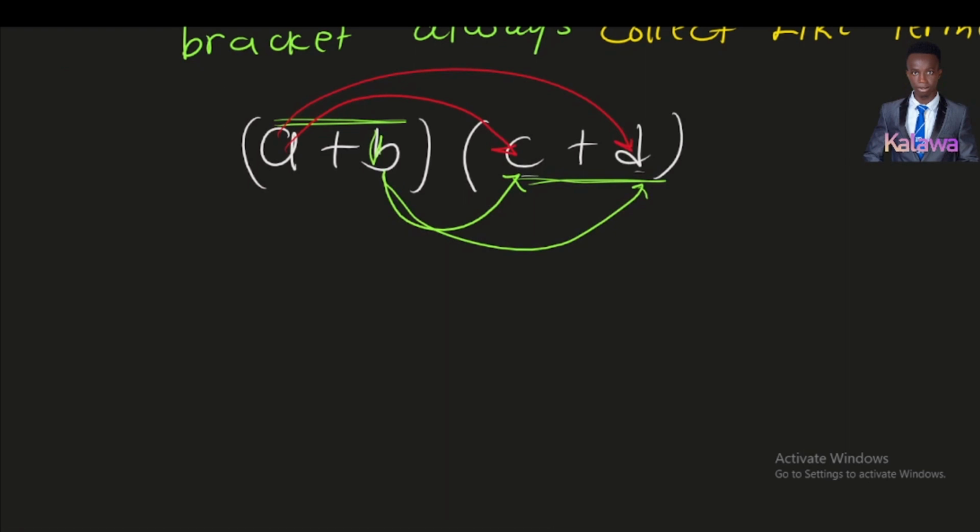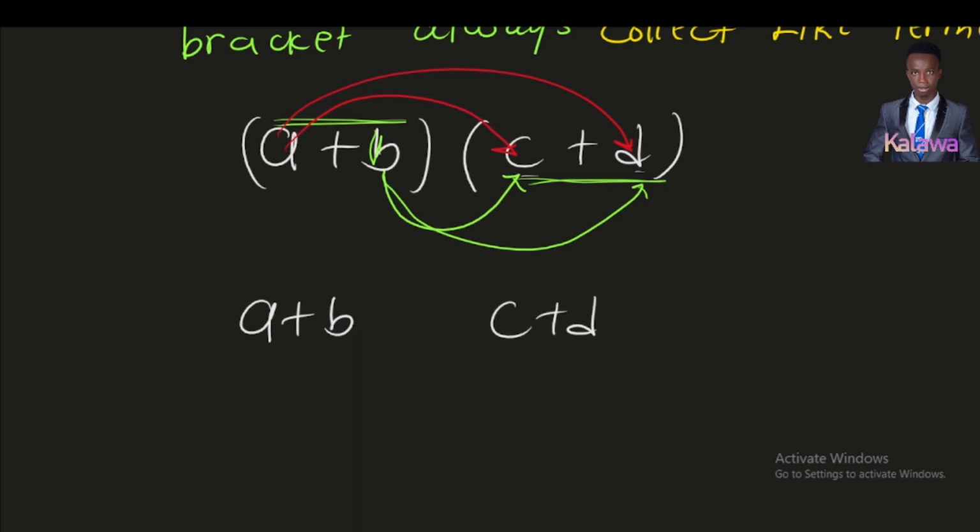Now, we set it this way. Let's take the first term out. This is a plus b, right? And then we also have another term, that is c plus d.